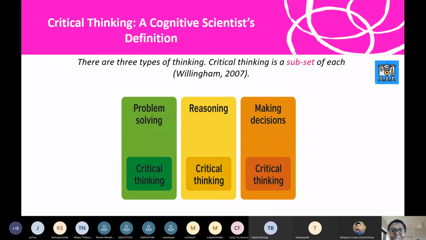So critical thinking is a subset. It requires you to solve problems. If you have never solved problems, then you're not a critical thinker. If you are lazy to reason, then you are not a critical thinker. If you can't make decisions, you rely on other people, then you are not a critical thinker. So we have got a task to ensure that our learners are able to solve problems, they're able to reason, and they're able to make decisions at their level.